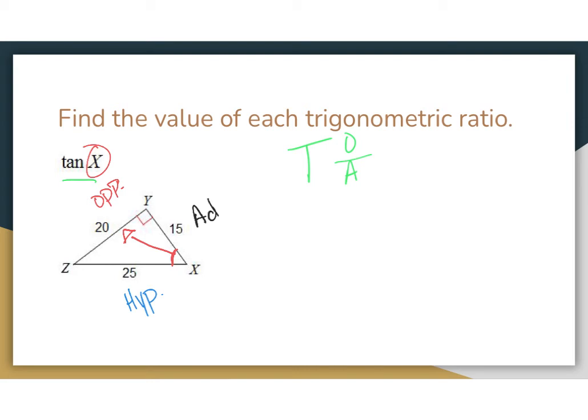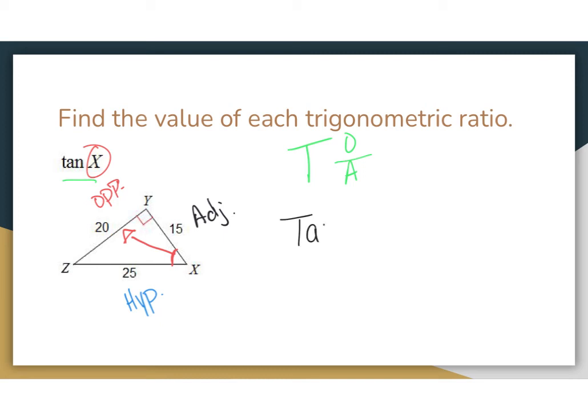And then adjacent is 15. So remember that for sine and cosine, because the hypotenuse, the bigger number, was at the bottom, our fraction was always between 0 and 1. But now, because the hypotenuse is not on the bottom, it could be a smaller number or a bigger number.